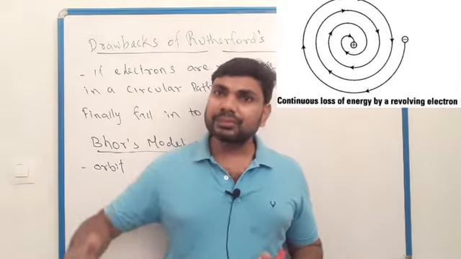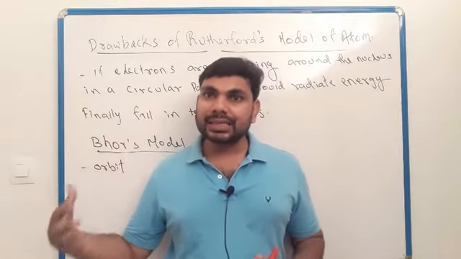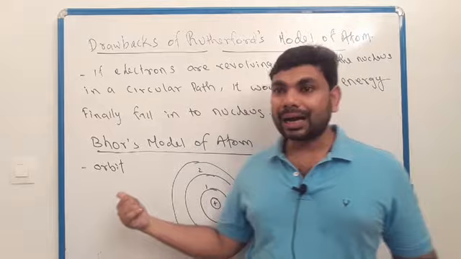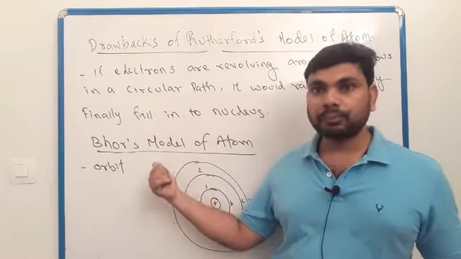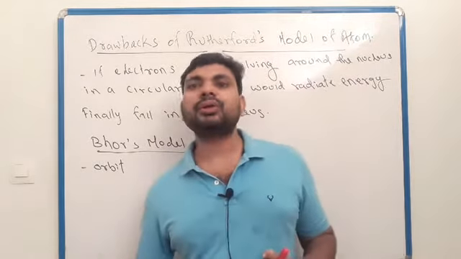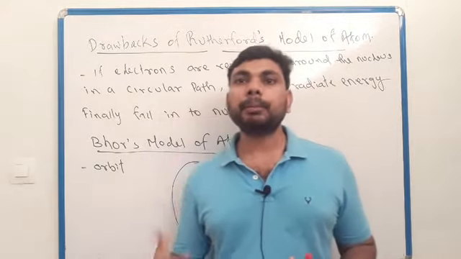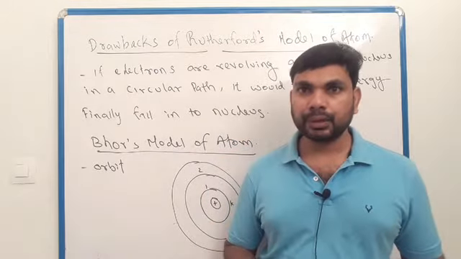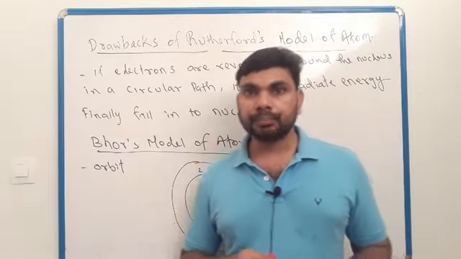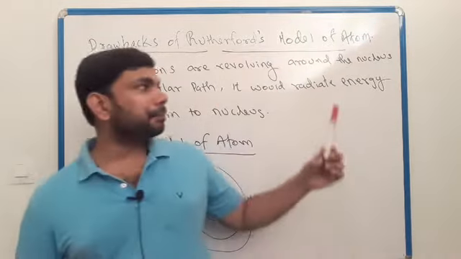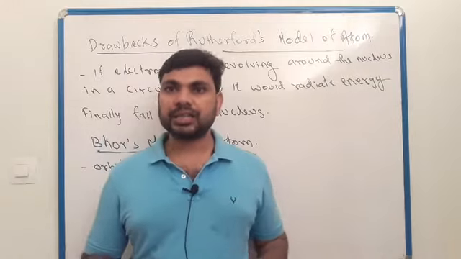To overcome these drawbacks, scientist Niels Bohr introduced another model of atom. This is called Bohr's model of atom. You can see here, this is the picture for the Bohr model of atom.